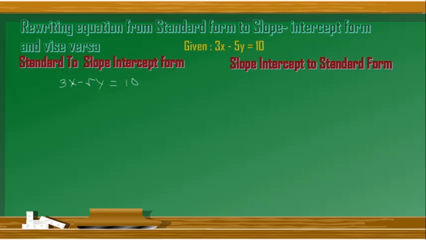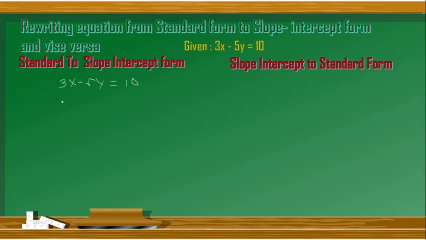Then we will apply the addition property of equality, in which we transpose all the terms which have no y variable to the other side.